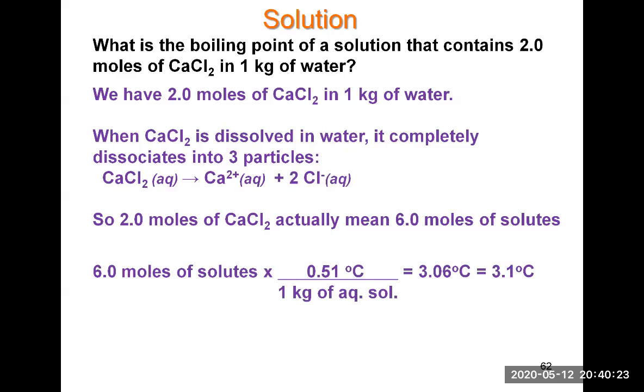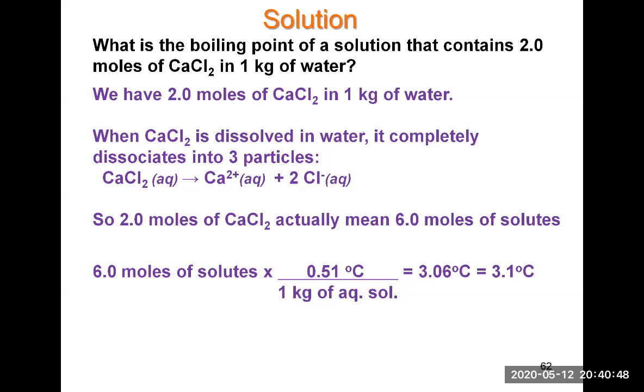Then you take those 6 moles of solute and multiply by the change in the boiling point per kilogram of water. It's 0.51 degrees Celsius per mole of solute in 1 kilogram of water. So then you multiply by 6 moles because we have 6 moles of solute.